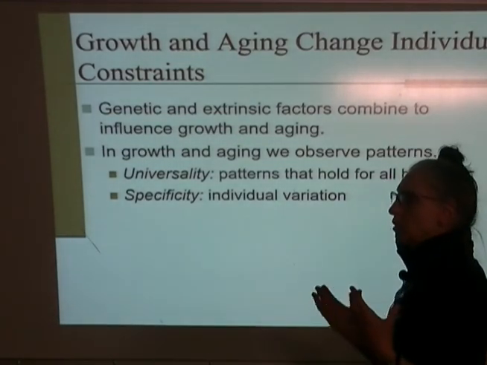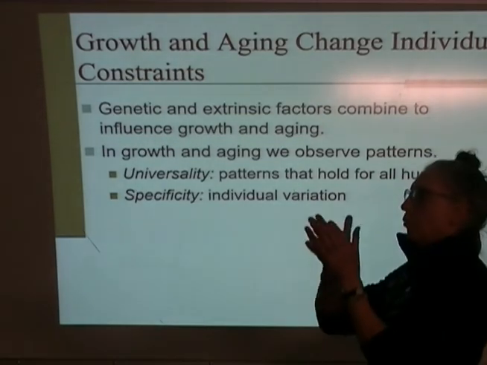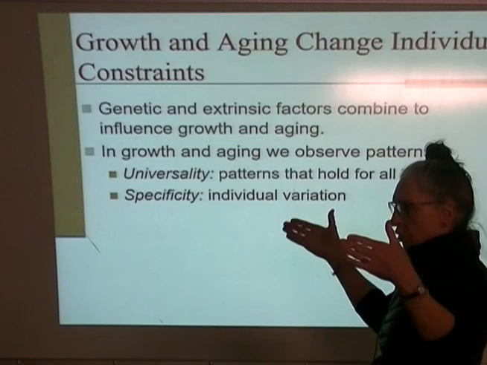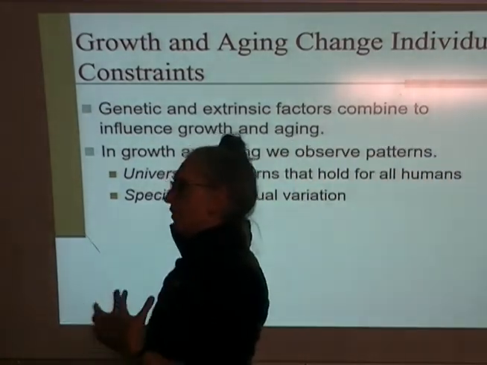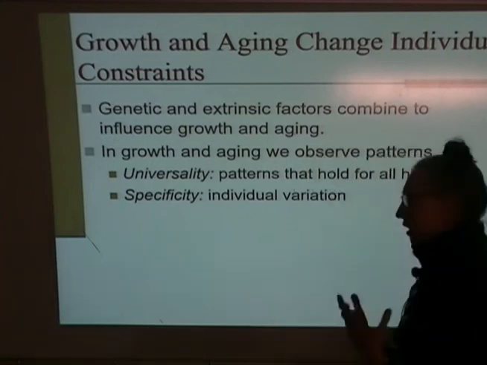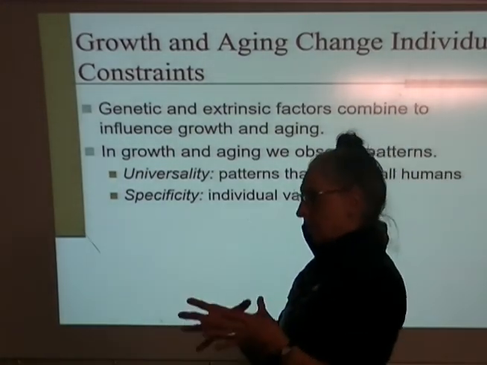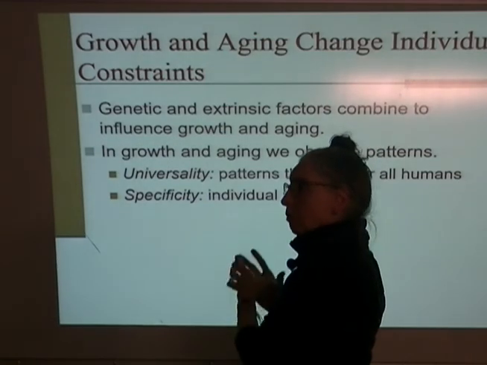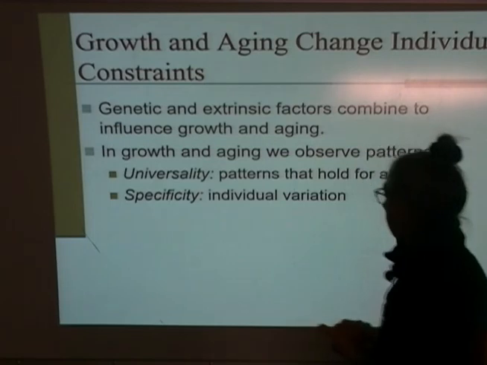So it doesn't matter whether you're born in Australia or Greenland, we would expect a certain pattern to occur. However, we have this very specific individual variation based upon genetics and possibly some environmental influences as well.